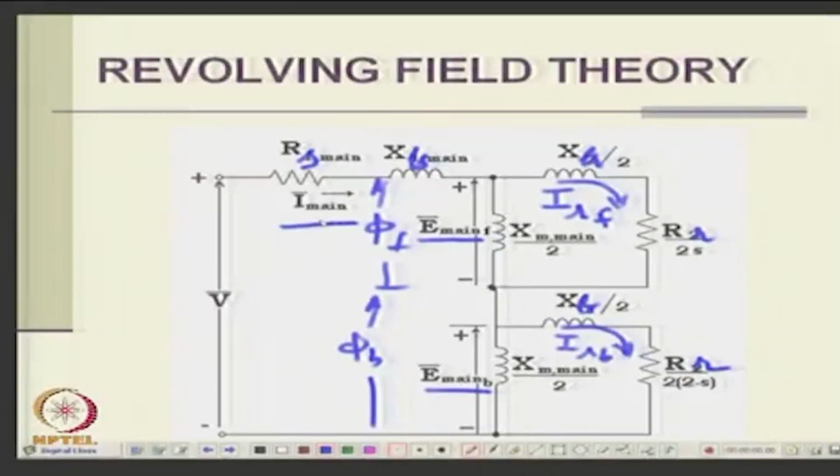Magnitudes are different. The forward rotating magnet will be stronger than the backward rotating magnet, although both of them are rotating at synchronous speed in different directions. Okay. So, this will be an equivalent circuit under this concept of rotating or revolving field. It will have a forward component and a backward component at a given slip.